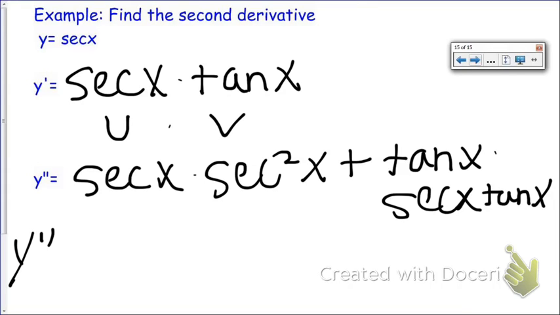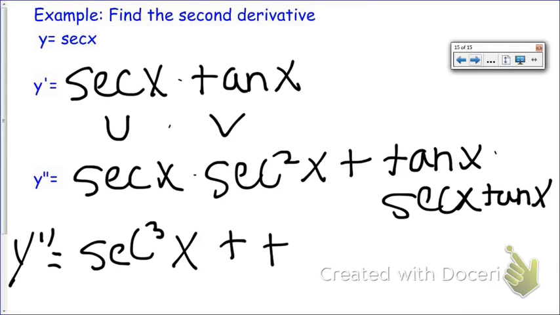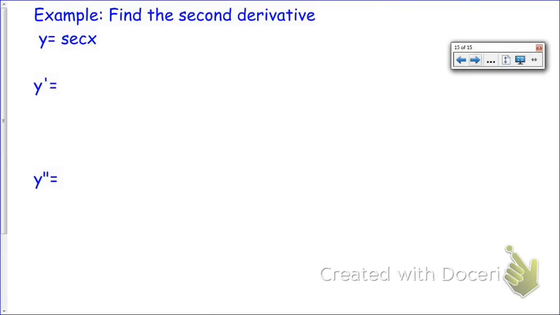Simplify it. Secant to the third, or cubed, tangent squared, secant. And that's our derivative. Second derivative. And that's it. That's our lesson for today.